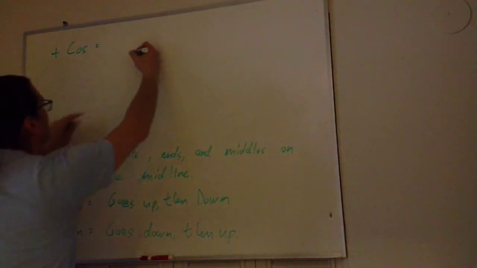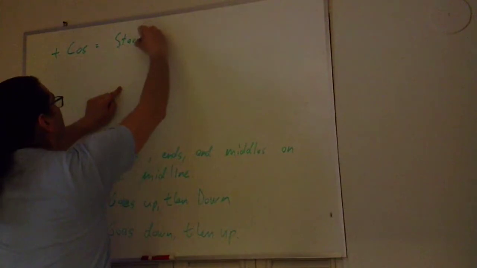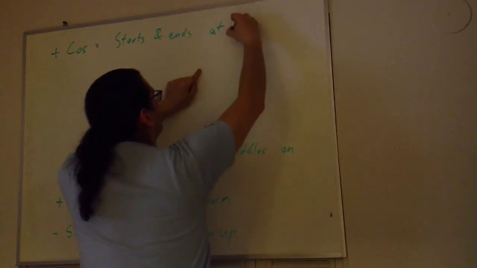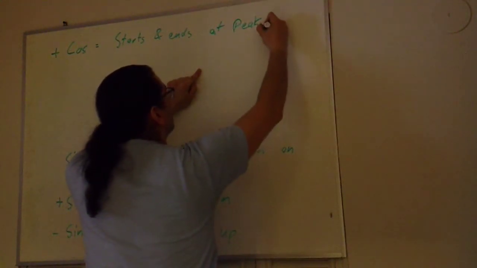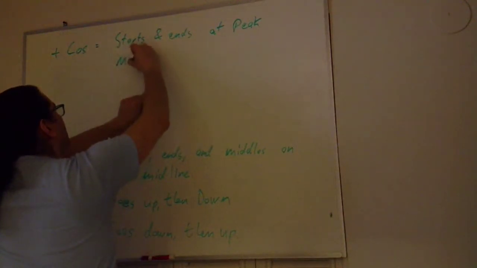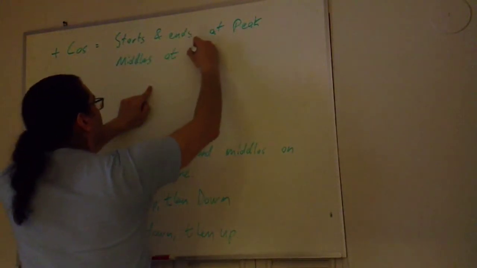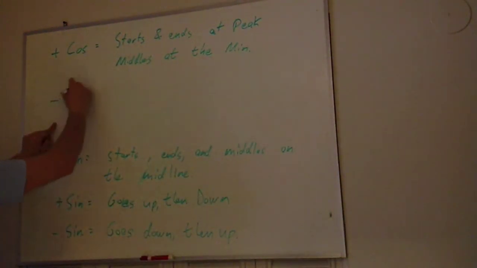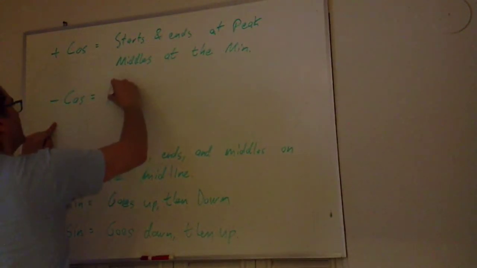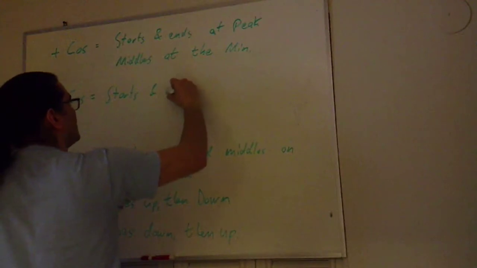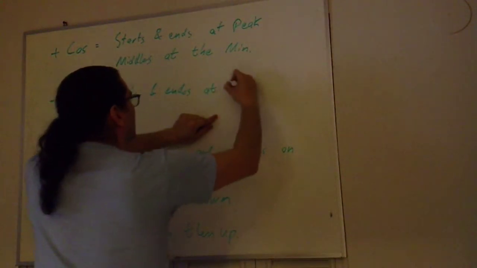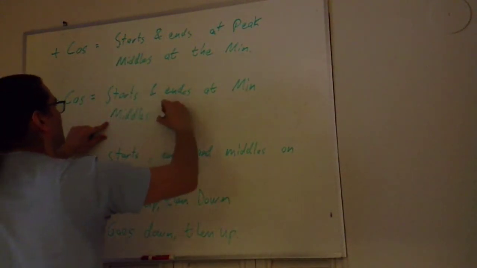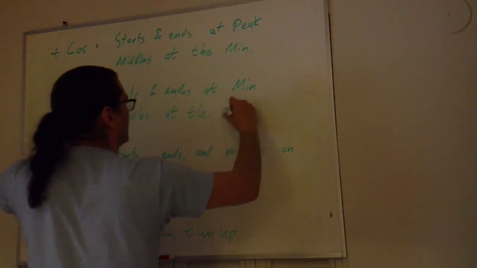Positive cosine starts and ends at the peak and middles at the trough, the min. Negative cosine starts and ends at the min, middles at the peak.